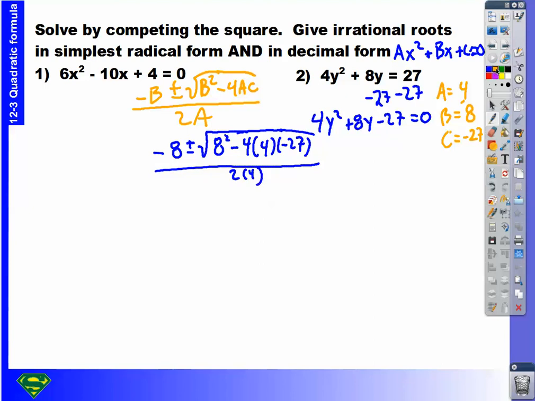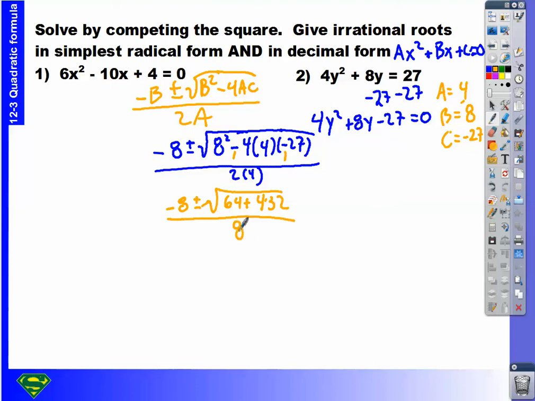So our negative 8 doesn't change, so we still have negative 8 plus or minus the square root of 64, well, it may not be minus, we have a second subtraction. So the negative times the negative is a positive, so this will be positive. And 4 times 27 is 432, I believe. 432. So then, that's all over 8.